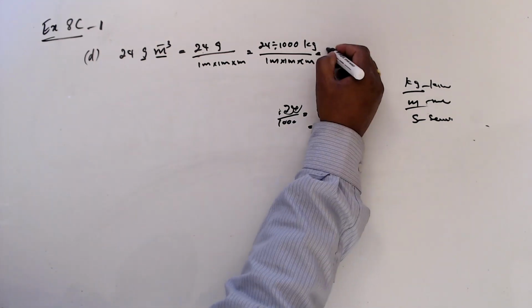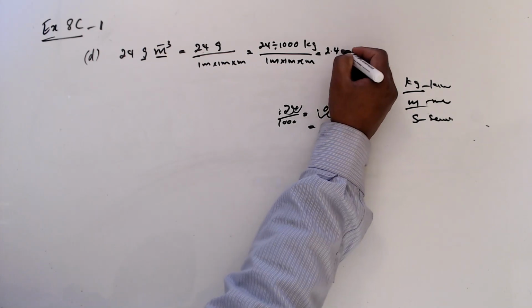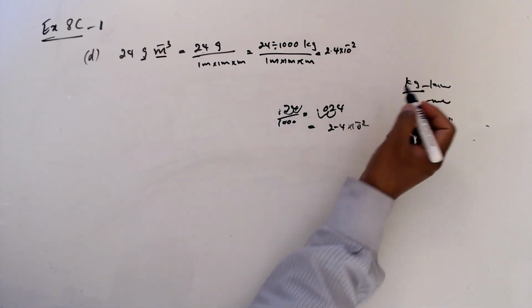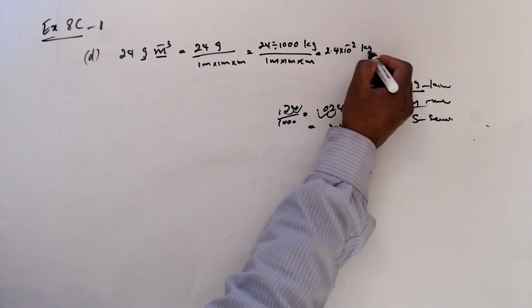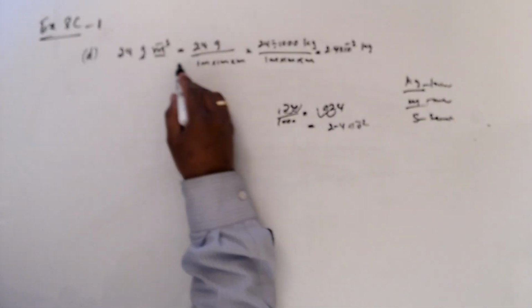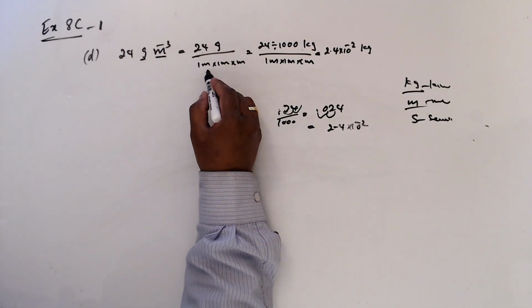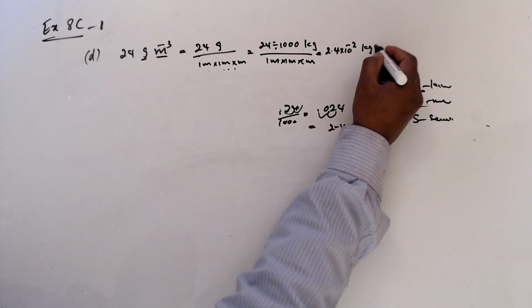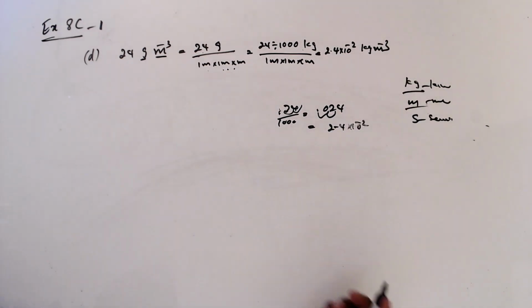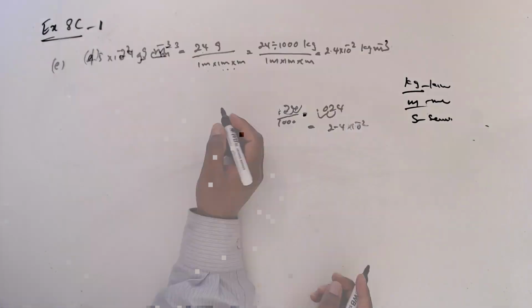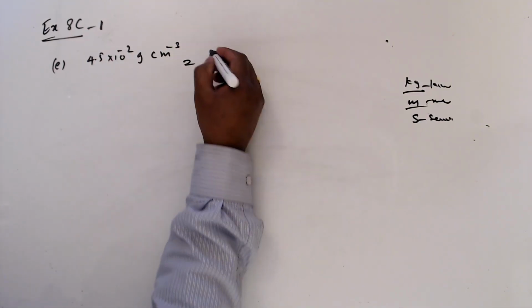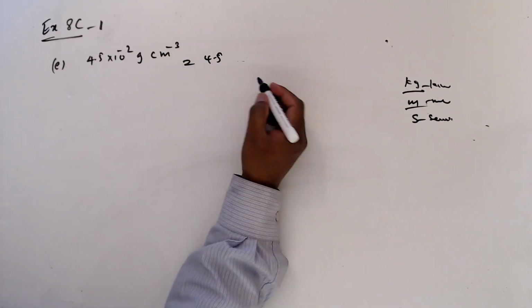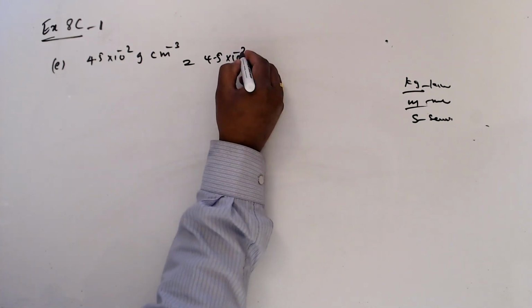So then this is going to be 2.4 10 to the power minus 2. The scale is kg, and this becomes again cubic, m3, and this is going to be m3 again.